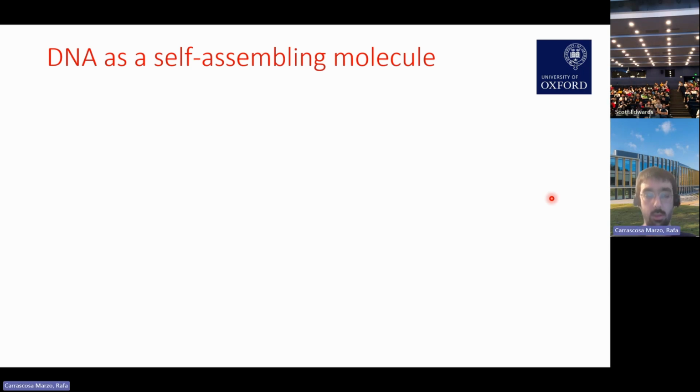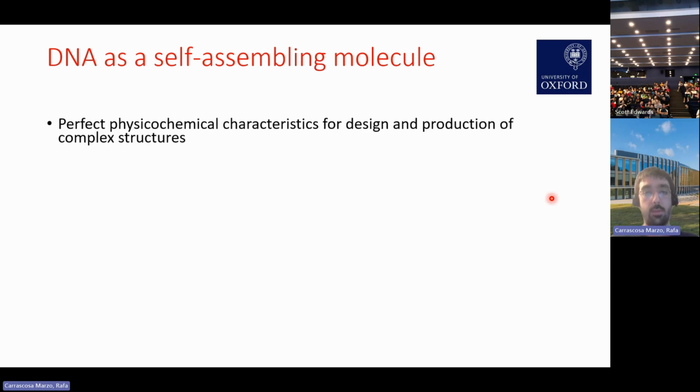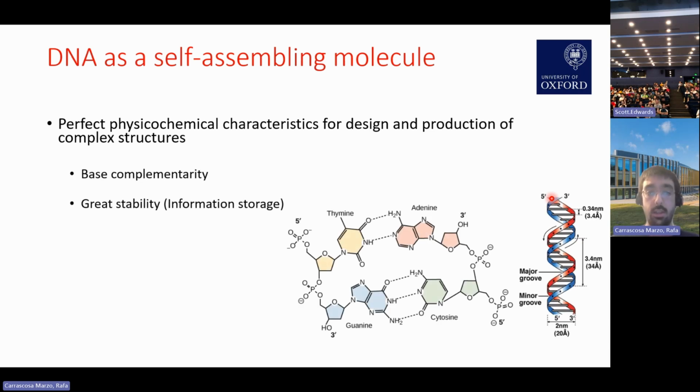So having talked about these necessary forces, this, I believe, necessary intro to DNA as a self-assembly molecule, why is it such a good self-assembly molecule? It has the perfect physicochemical characteristics for design and production of complex structures, by the relevance of the base complementarity that I mentioned.